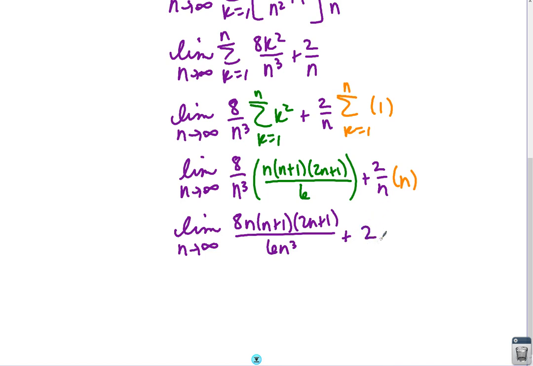And so now this becomes similar to the last time. We had a balance situation here. So this is going to be 16 over 6 plus 2. So that's going to be 8/3 plus 2. So my area is exactly 14/3.